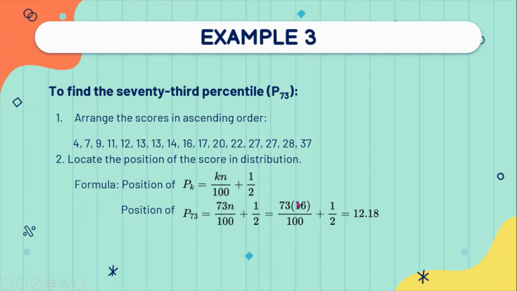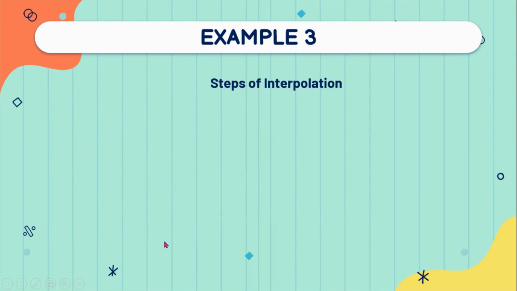Here our n is 16 since the number of scores here is 16. That is 1, 2, 3, 4, 5, 6, 7, 8, 9, 10, 11, 12, 13, 14, 15, 16. So that is 73 times 16 over 100 plus 1/2. That is 12.18. For the last step, interpolate the value.